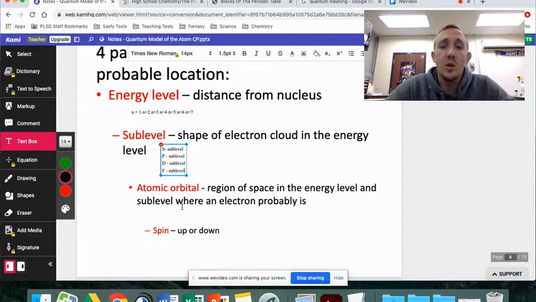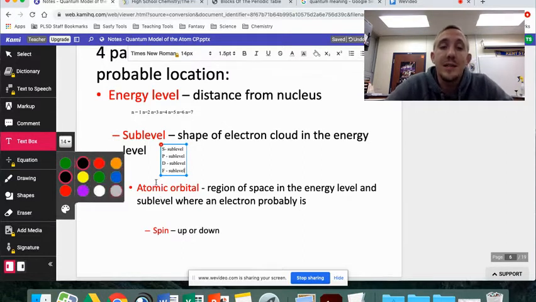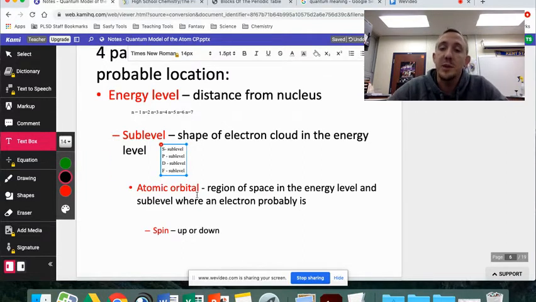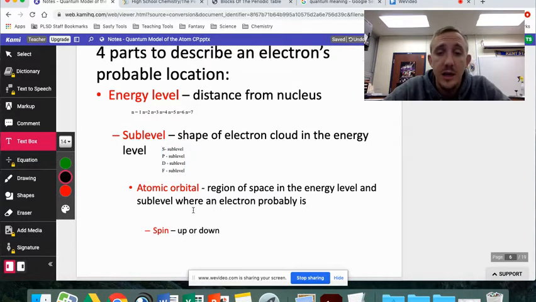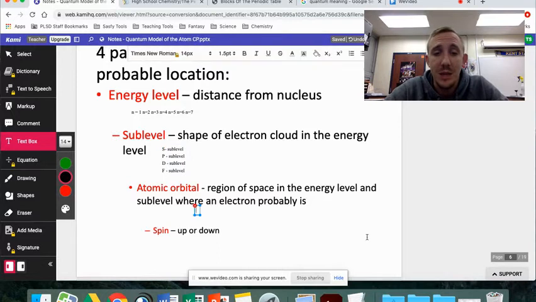When we talk about each sublevel, we talk about atomic orbitals. These are regions of space in the energy level and the sublevel where an electron probably is. Each one of these has certain regions of space. The S sublevel has 1 orbital.